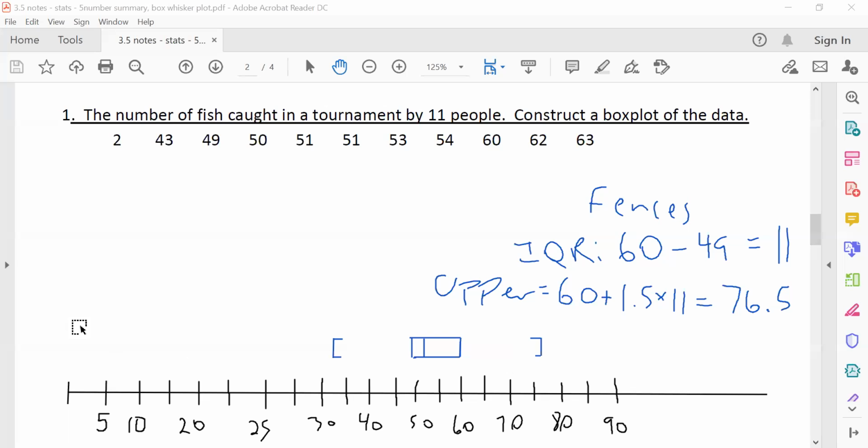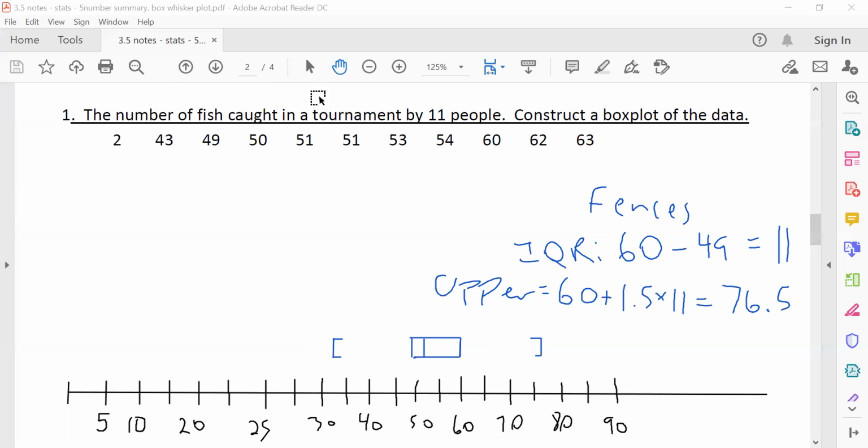Now what we're going to do, I'll go ahead and do it now. You can do it as you please. You can label your outliers with a star. It's pretty clear the lower fence was 32.5, the upper fence was 76.5. Everything falls within those fences except 2. So 2 is going to be the only outlier.